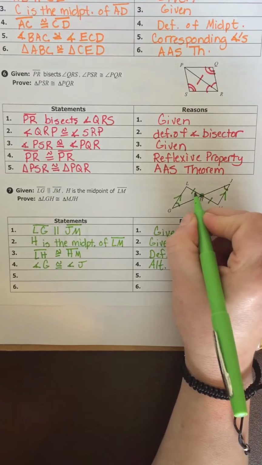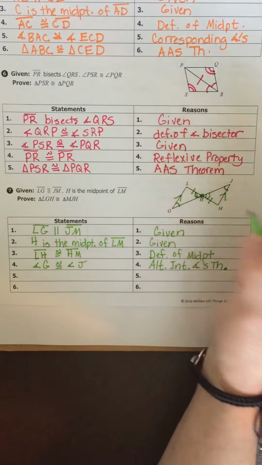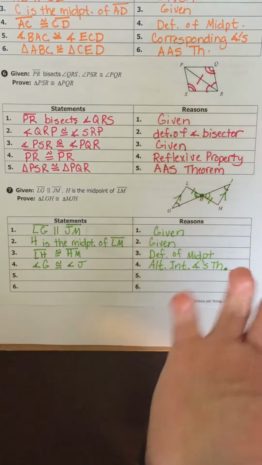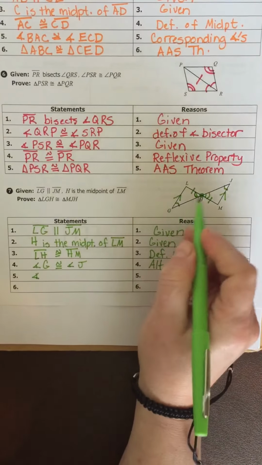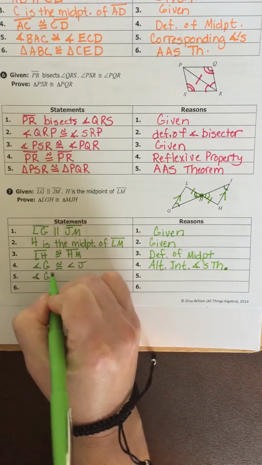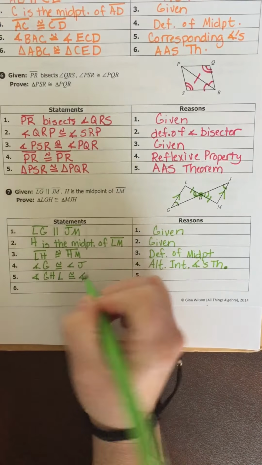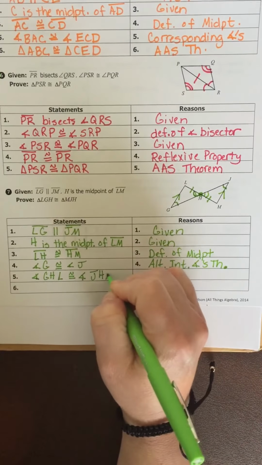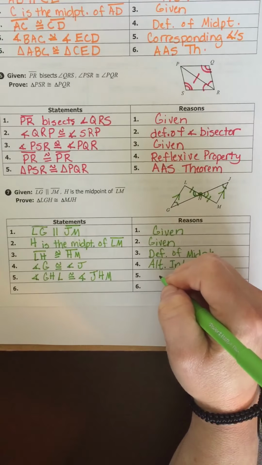We need another set of angles, so I can use the fact that these two angles are congruent. So since there's two angles here, I have to use more than one letter. So I'm going to say angle GHL is congruent to angle JHM. And that is because of the, anybody?